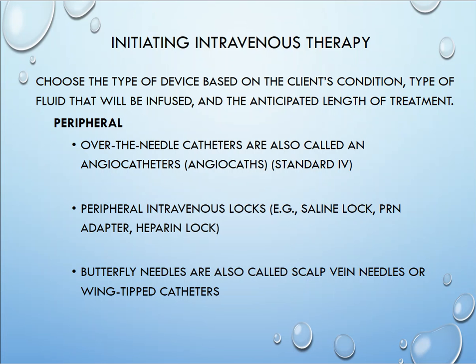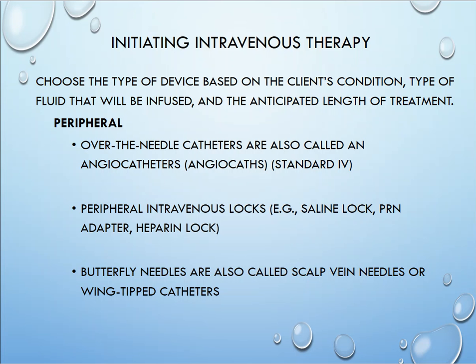And you pierce the skin and the vein with the needle, and you advance the catheter into the vein and remove, or in some equipment, you retract it by hitting a button, and the metal needle gets retracted out of the angiocath. And in most cases, the plastic catheter that's left in there is less than 7.5 centimeters, or about 3 inches in length. So this type of access device is ideal for brief therapy.